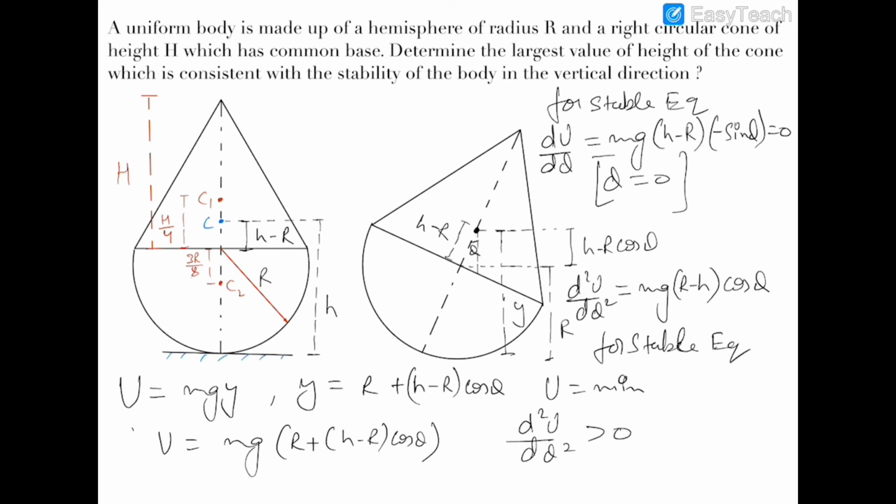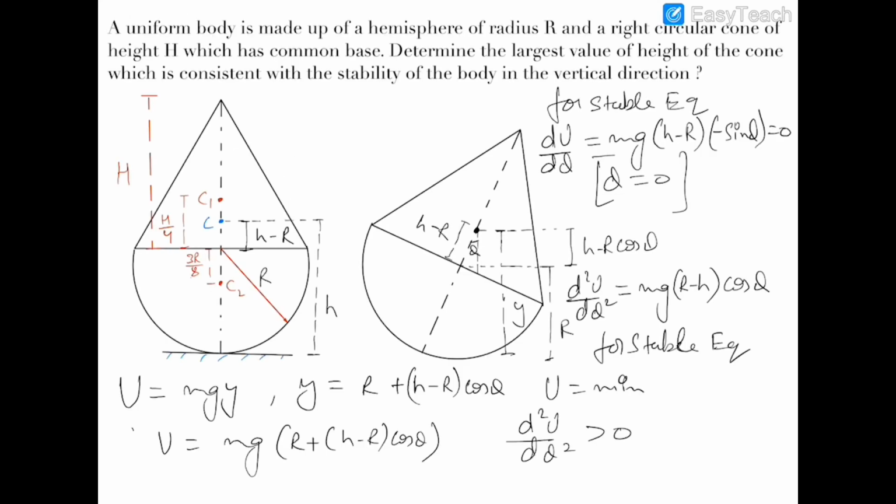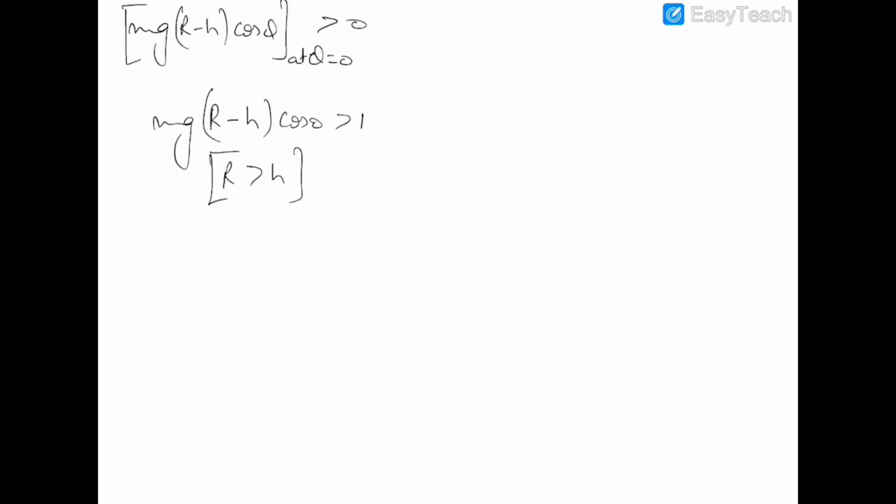Now mg r minus h into cos theta at theta equal to 0 should be greater than 0. So mg into r minus h, cos 0 is 1, should be greater than 0. So r should be greater than h, where h is the height of the combined center of mass from the ground.